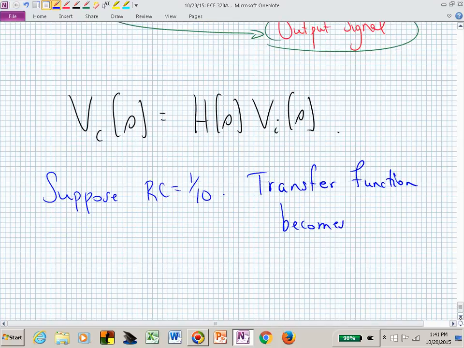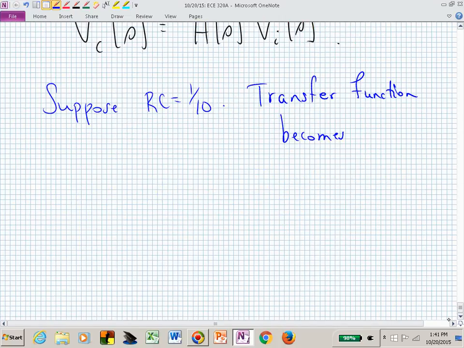How long do you have to wait before you've reached a steady state if you hit this with a constant waveform? Or if you hit it with a sinusoid, how long will it take for the transients to be gone? Half of a second, 5 of those time constants.